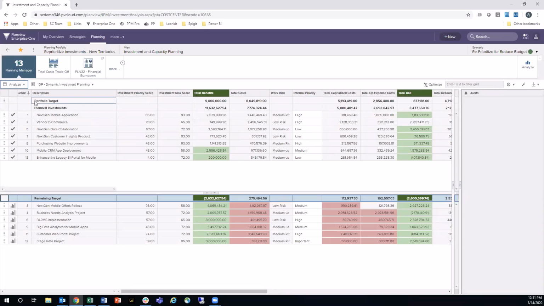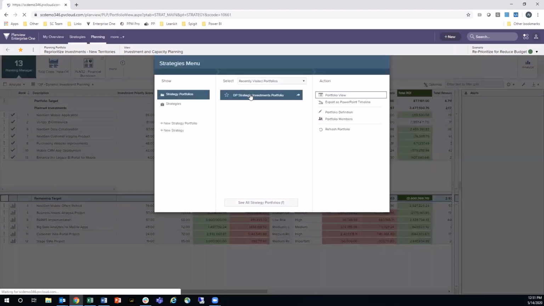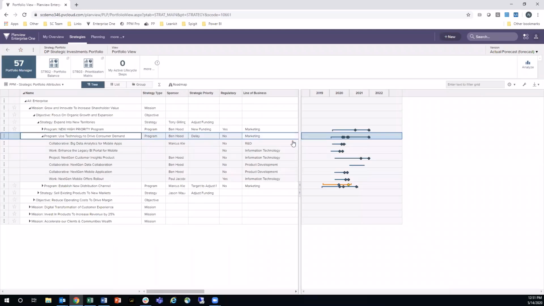And this is where strategy and planning go hand in hand, because as we start to decide and work on this new work, this is where it should relate up to the strategy. It should align to our strategic and organizational goals. So when I go to look at our strategic investments and I start to look at that roadmap for the future, we can see how it relates up to the big picture.